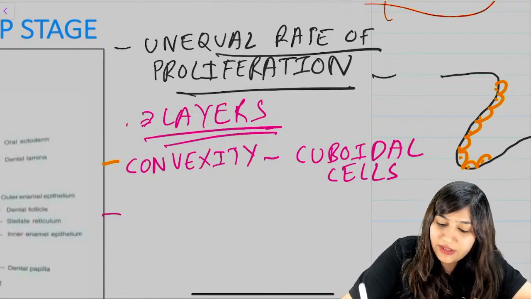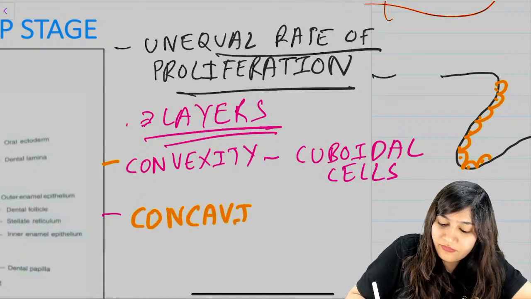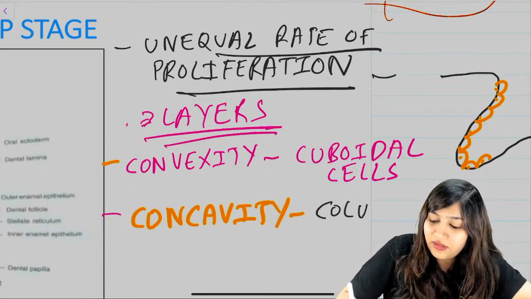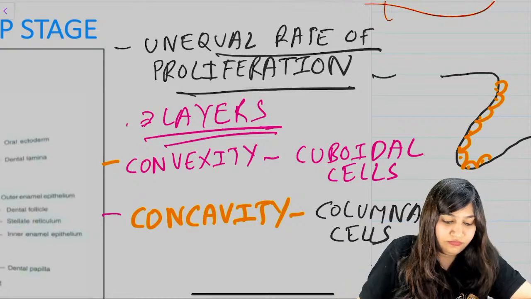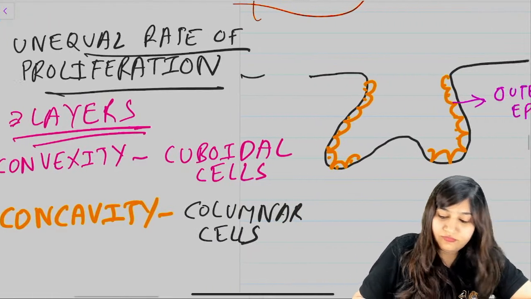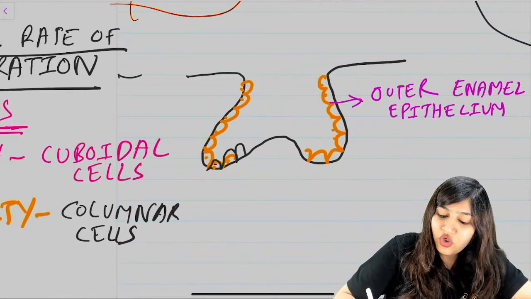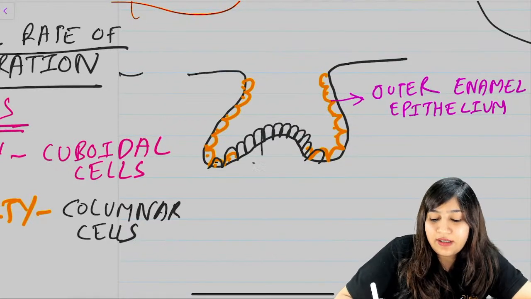In the concavity we will have columnar cells. Tall columnar cells in the concavity.